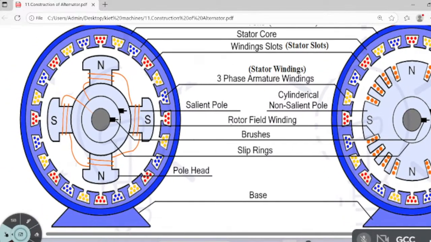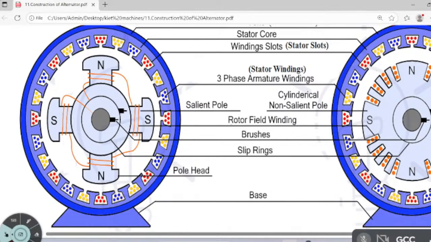With respect to the construction of the alternator, what is different? Just the field is shifted from stator to rotor. Here the field is in the rotor.